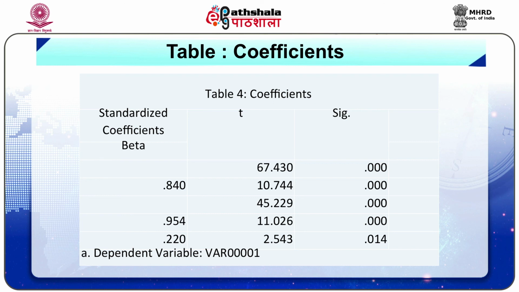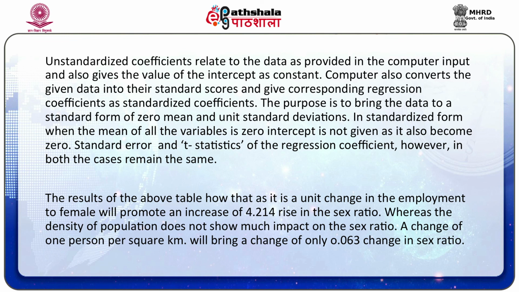Table 4 given above shows the regression coefficients in unstandardized form as well as in standardized form. Unstandardized coefficients relate to the data as provided in the computer input and also give the value of the intercept as constant. The computer also converts the given data into their standard scores and gives corresponding regression coefficients as standardized coefficients.